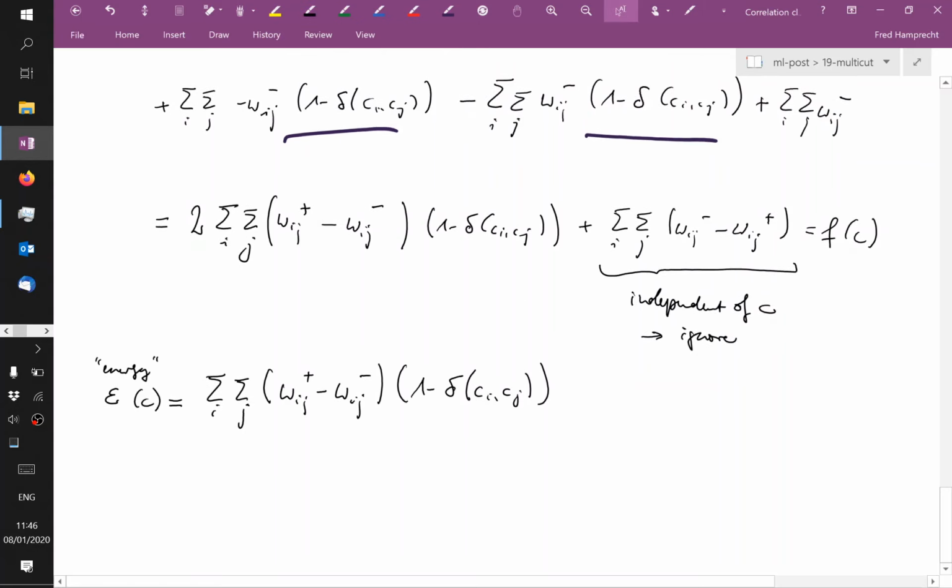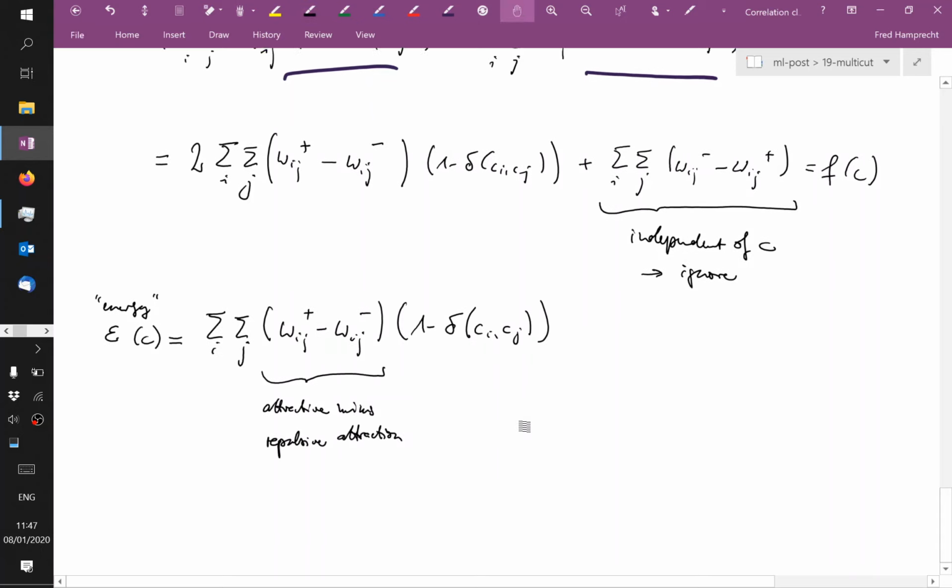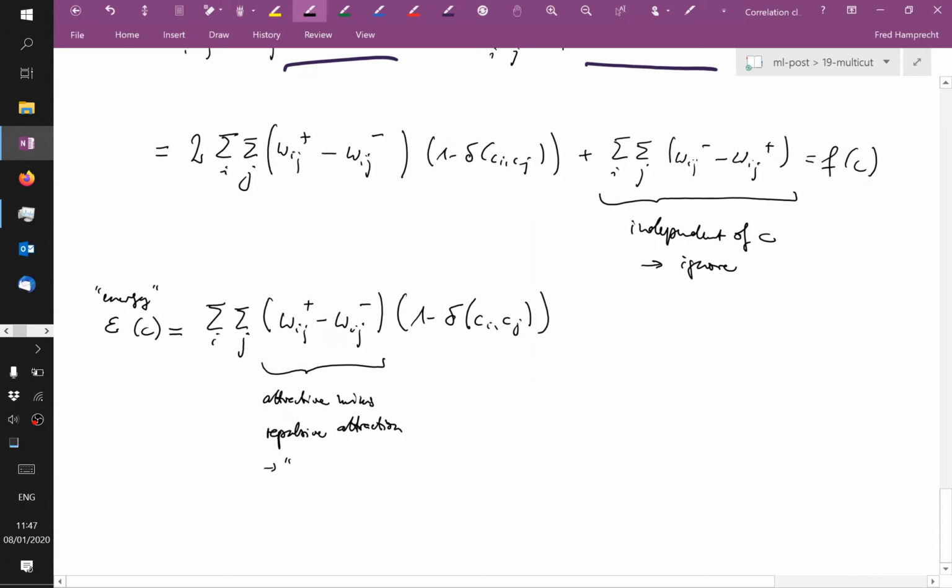All right, you see that here what we have is the attractive minus the repulsive attraction strength. I'm going to call this a net interaction: attractive minus repulsive interaction.